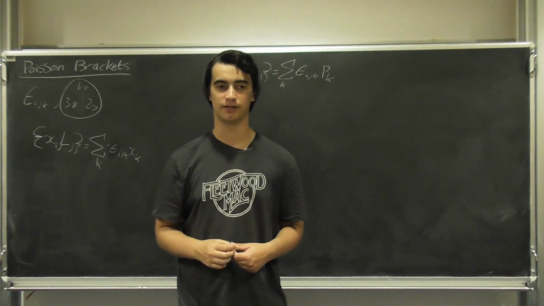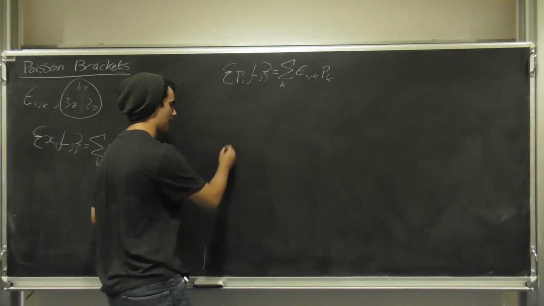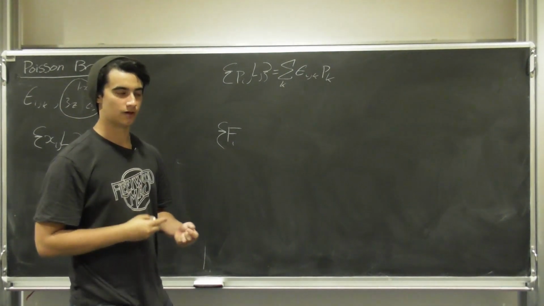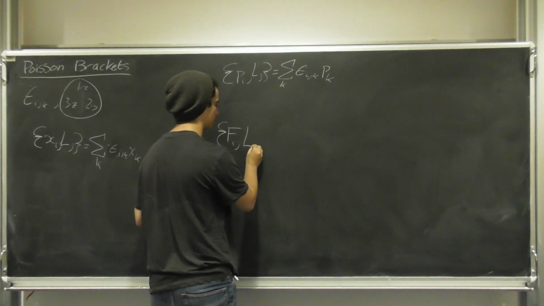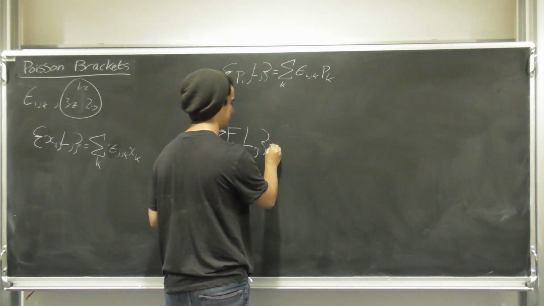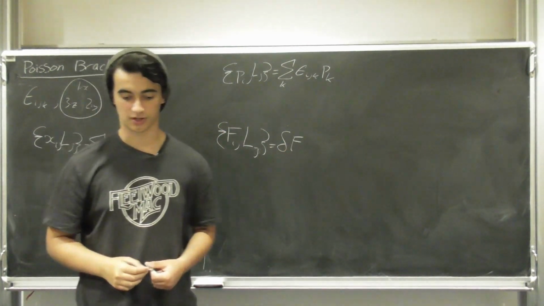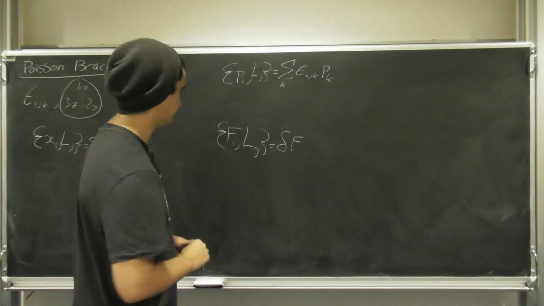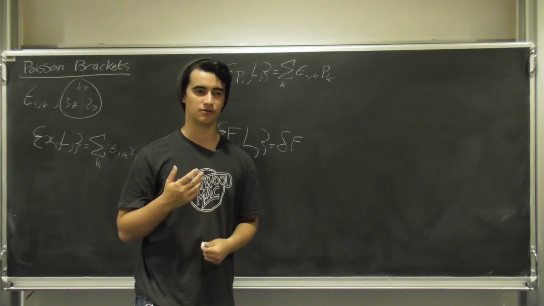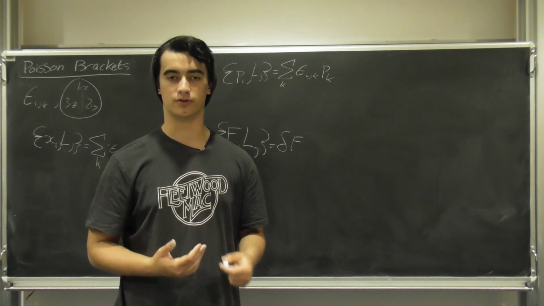What it leads us to believe is that if you have any function f, and we took the Poisson bracket with L, we'd get the rotation of that function. So this is a really big idea that we can say that the angular momentum then is the generator of rotations.